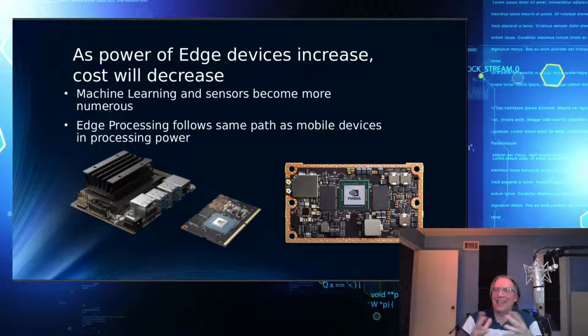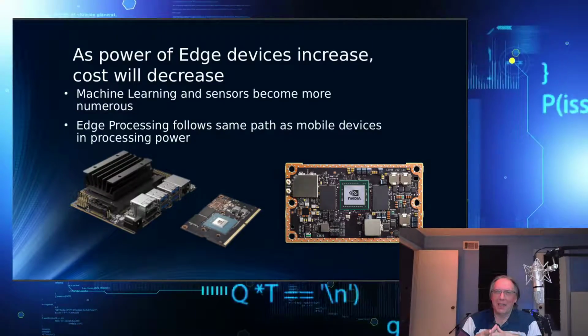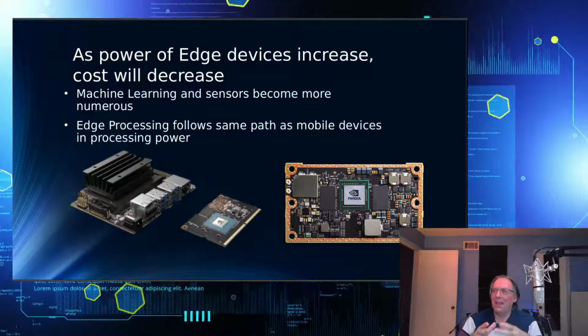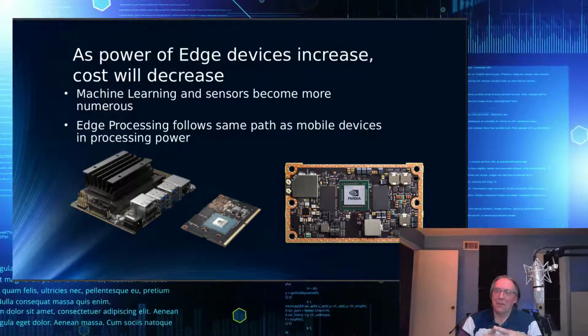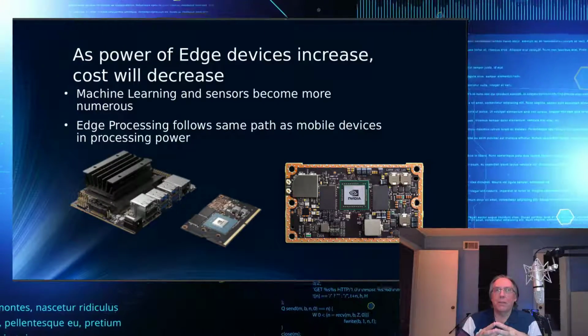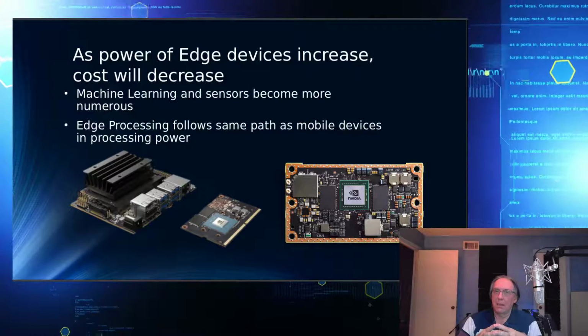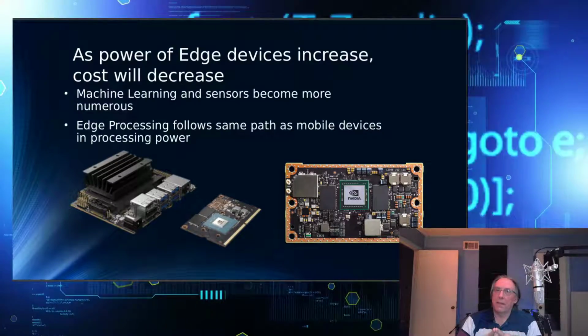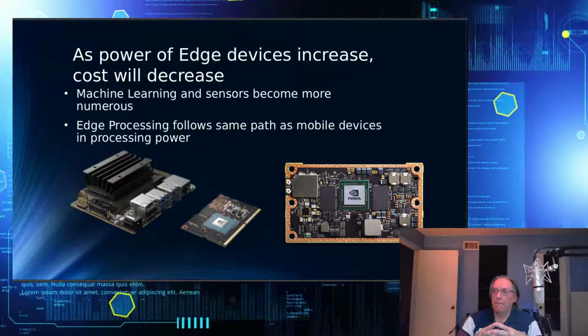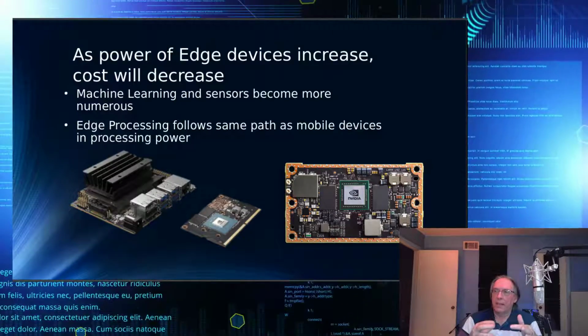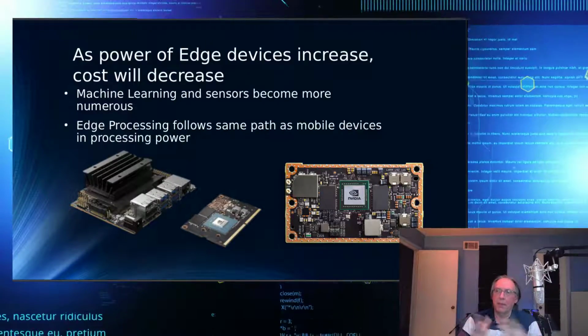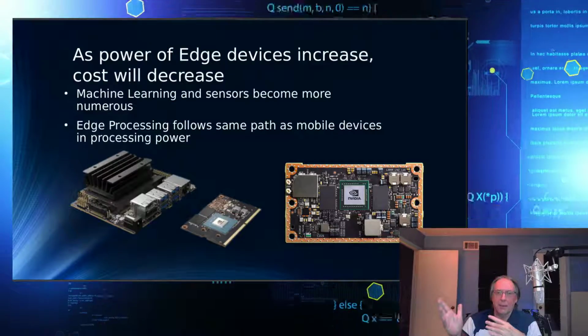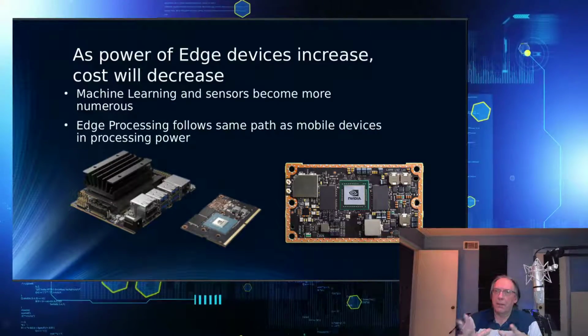But as the number of devices increases at the edge, and we're not talking a few hundred here, in terms of automated cars we're probably talking about trillions of devices at the edge, the machine learning and sensors will obviously become numerous, and then as that happens, it will drive the cost down. We're starting to see that.